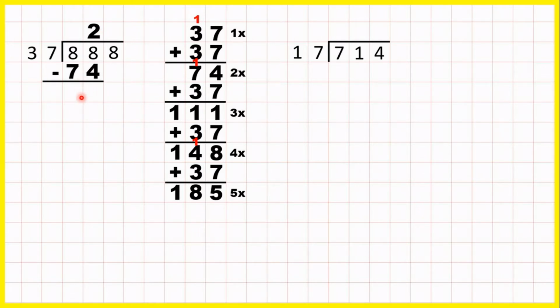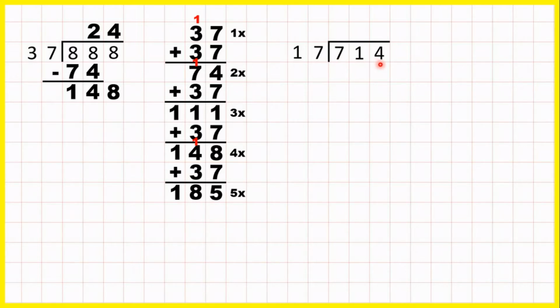Now we're going to subtract and bring down. 8 minus 4 is 4, 8 minus 7 is 1, and we bring down the 8, so we have 148 divided by 37. We can see that 4 times 37 is exactly 148, so the last digit of our answer is 4. We've not got any other digits to bring down, so our answer is 24.